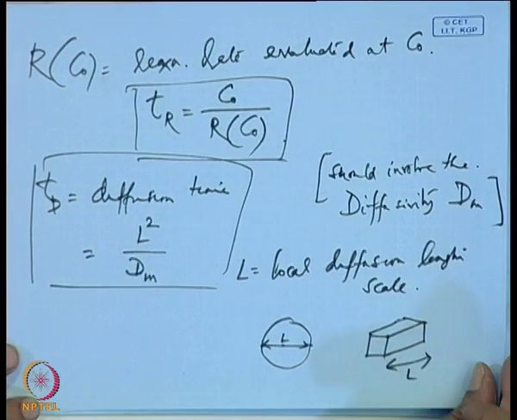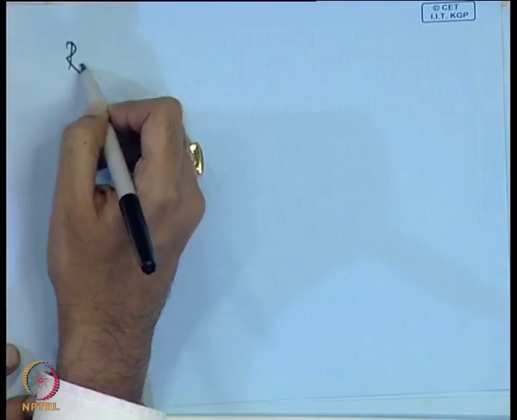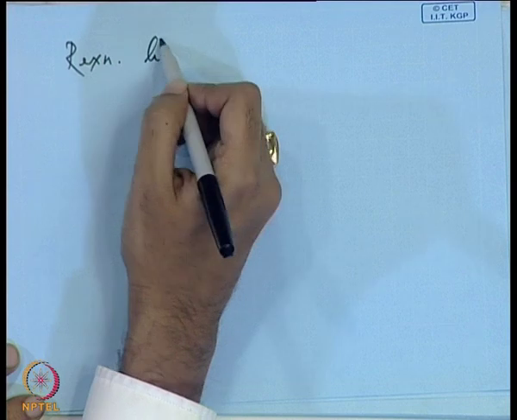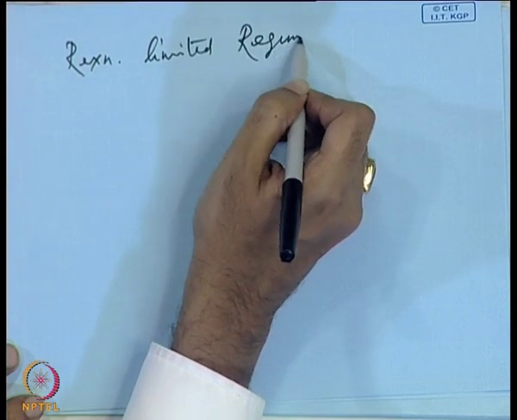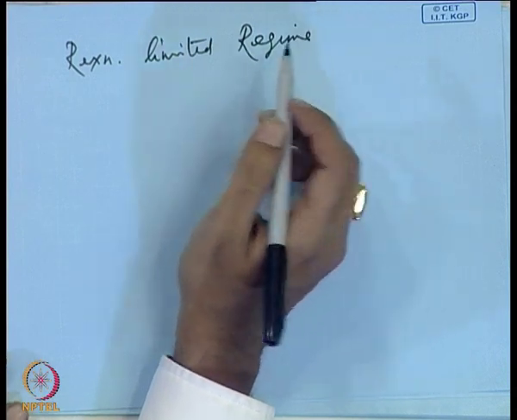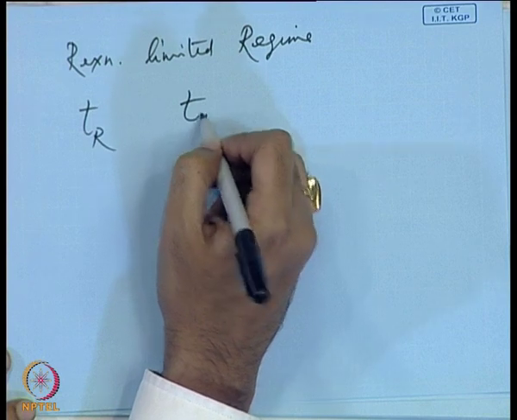Okay. Now, what would you like to do if you want to figure out if it is in the reaction limited regime? So, if it is in the reaction limited regime, then what happens? What is the relationship between TR and TD?